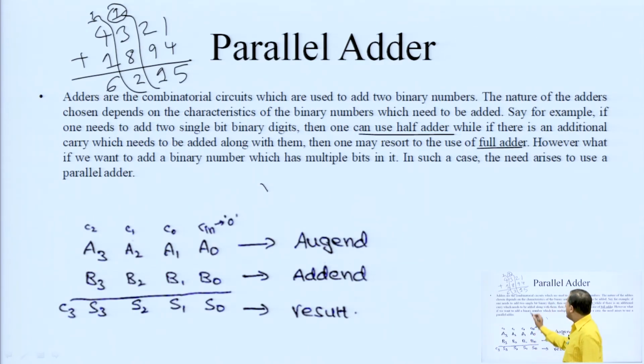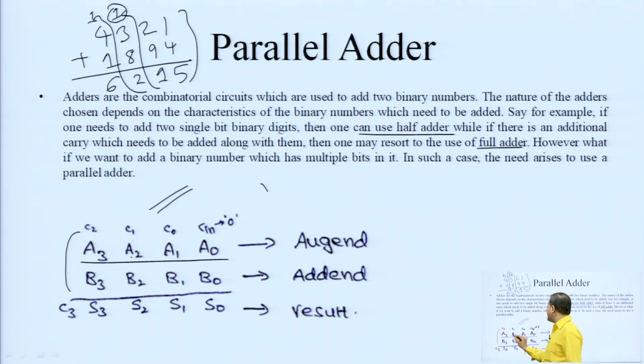Okay. So, whatever I have given as the example for the decimal number system, the same thing will be depicted here as A3, A2, A1, A0, B3, B2, B1, B0. This is nothing but the binary case we are going to implement. So, here we have taken a number as A3, A2, A1, A0.